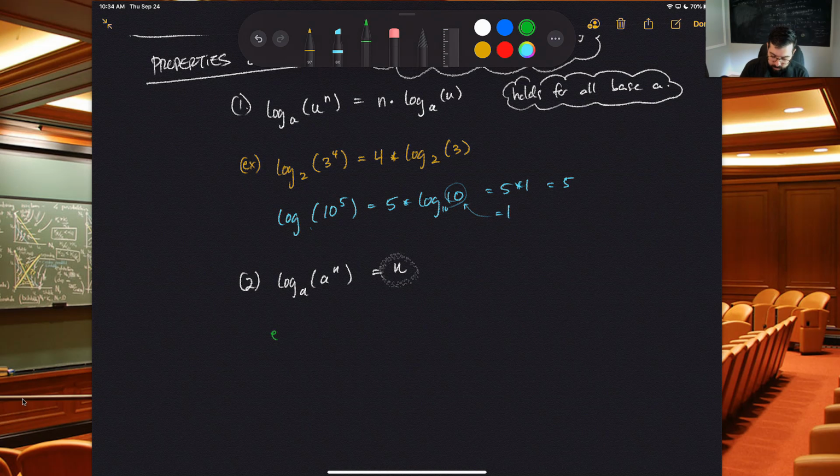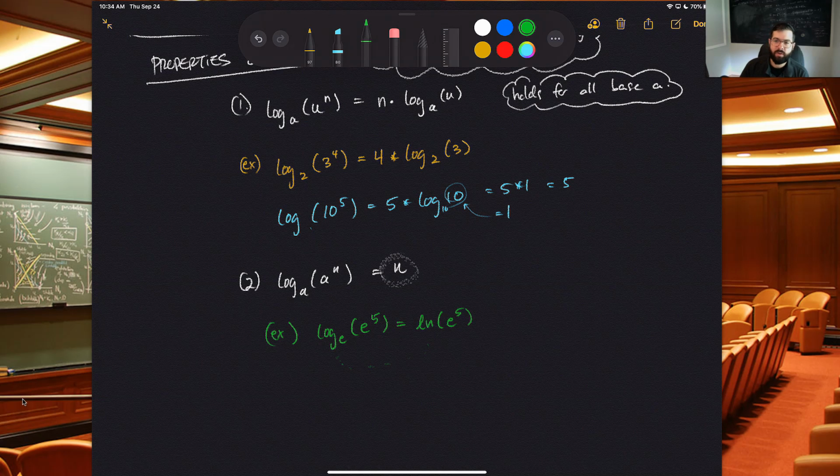So as an example, if I have log base e of e to the fifth, which we also write, I haven't shown you this yet, ln of e to the fifth. It means just log base e. These are the same things.